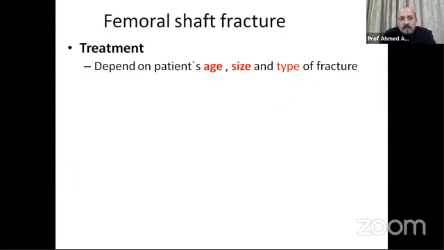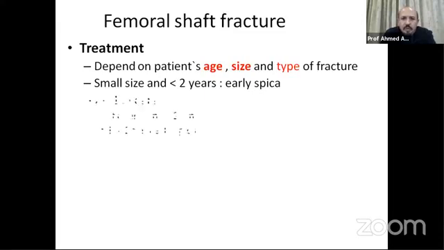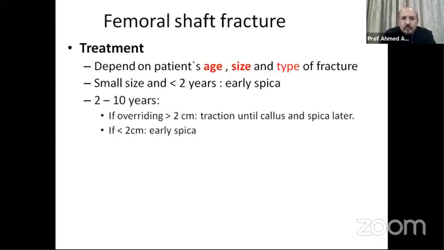Also, treatment of femoral shaft fractures depends on the patient's age, size, and type of fracture. Generally, small-sized patients, less than 2 years, usually do early spica. From 2 to 10 years, if we have overriding more than 2 centimeters, we do traction till appearance of callus, then later spica.